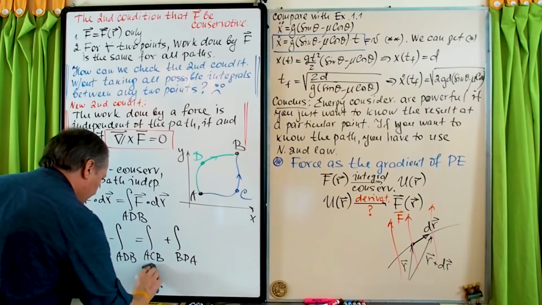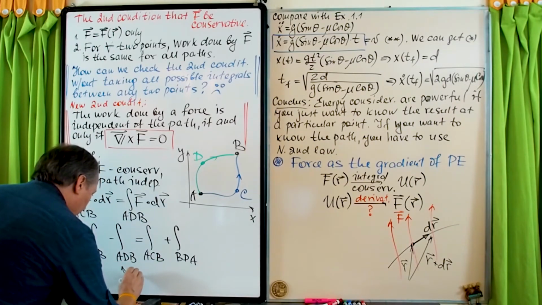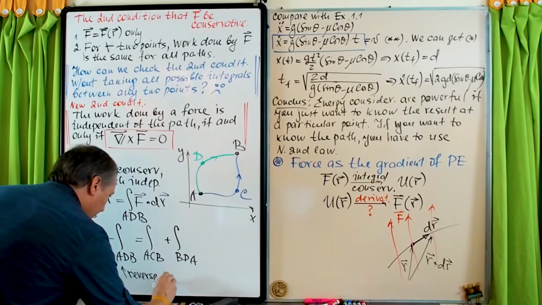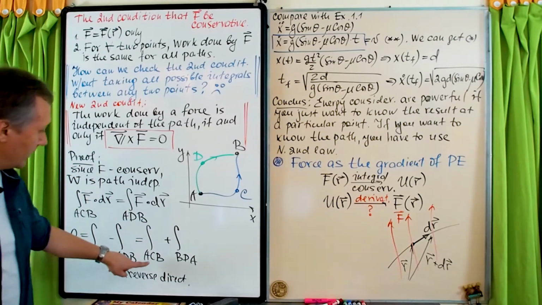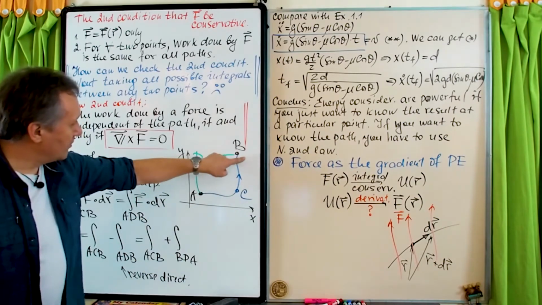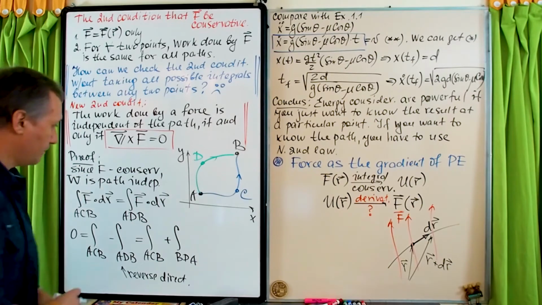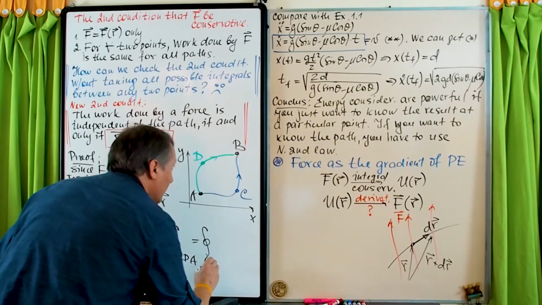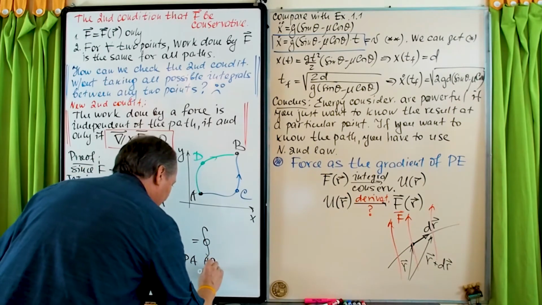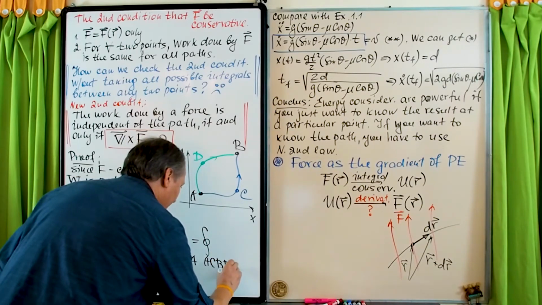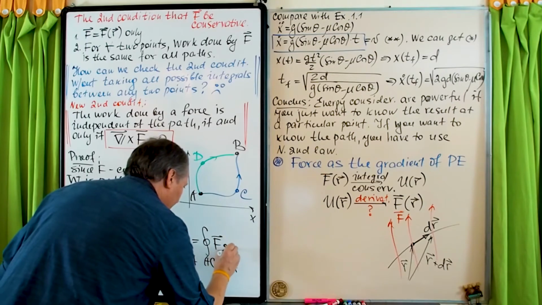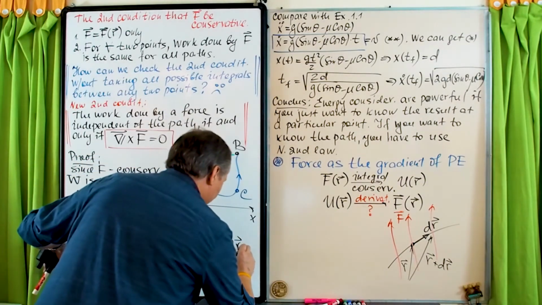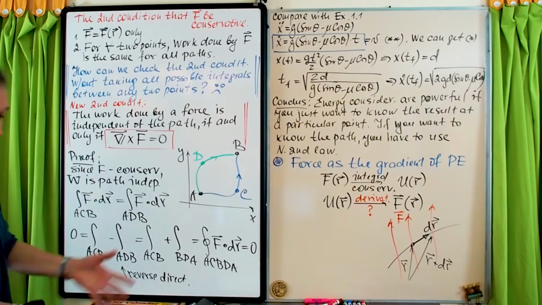Now ACB and BDA form a closed loop. So we can write the integral over the closed loop ACBDA of F dot dr, and it equals 0. This is the preliminary result.